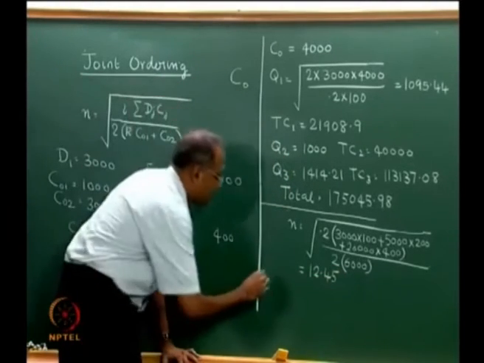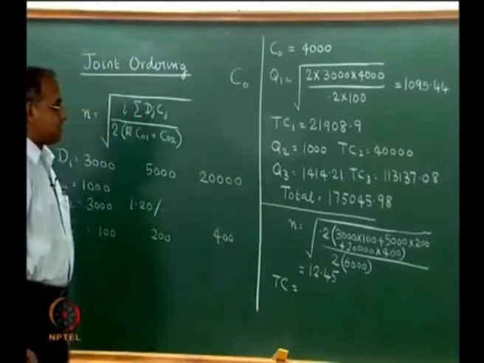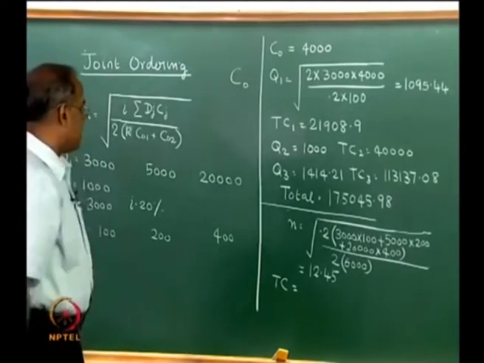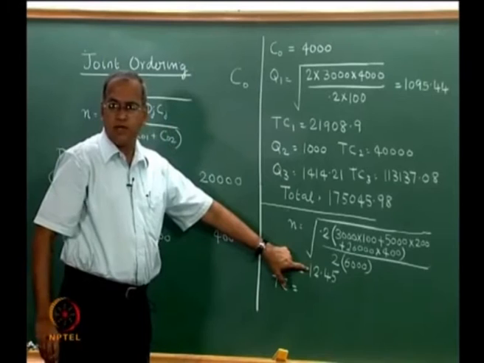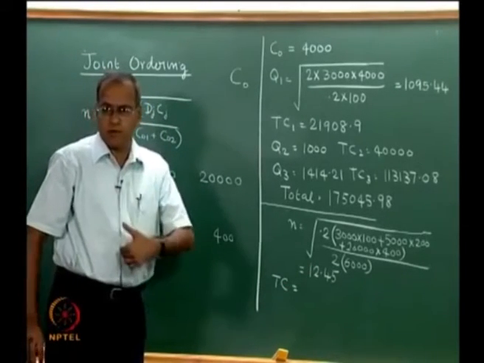For each of these items, for n equal to 12.45, we can actually calculate the individual order costs and carrying costs, and then the total cost.